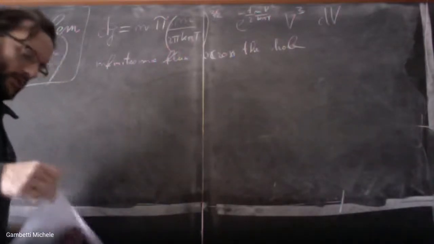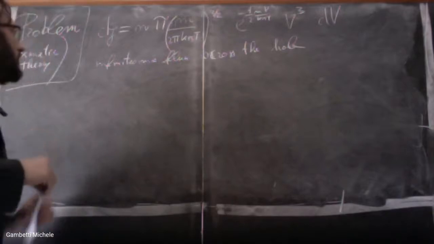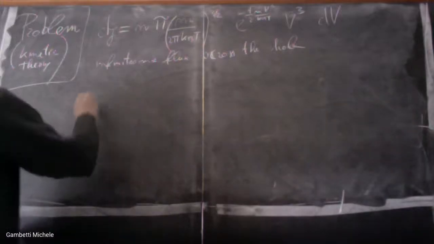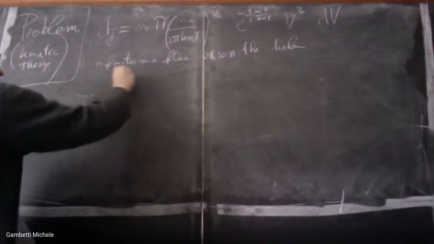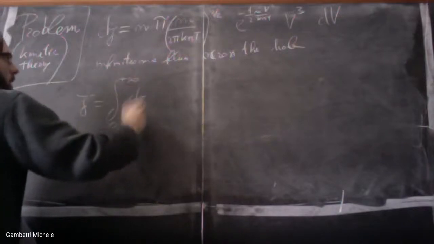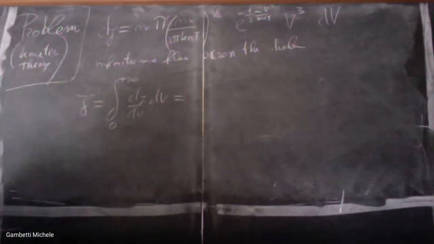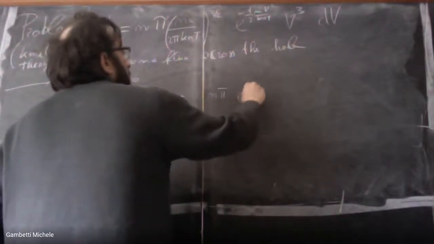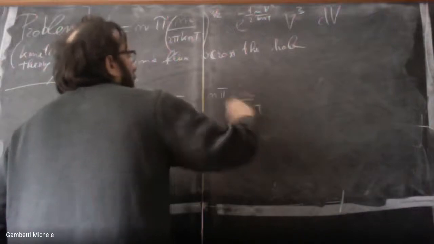So now, if I want the total flux, I just need to integrate over the velocity. So the total flux J is the integral from 0 to plus infinity of dJ over dv, which is n pi m divided by 2 pi kBT to the power of 3 half.